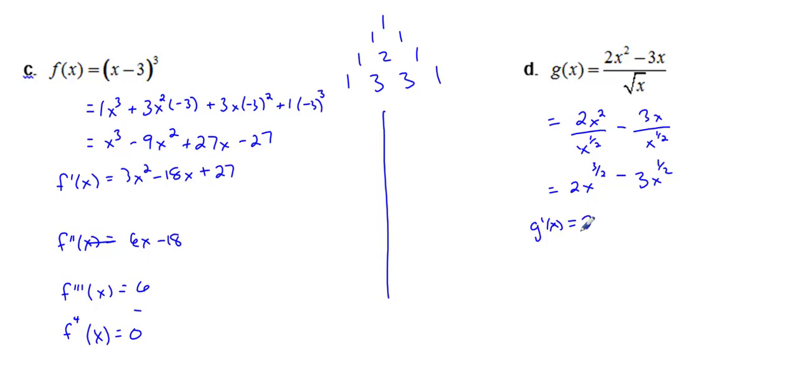All right, 2 times 3/2, drop the power down as a multiplier, subtract 1 from 3/2 gives me 1/2. Minus 3 times, multiply by the power, subtract 1 from the power.